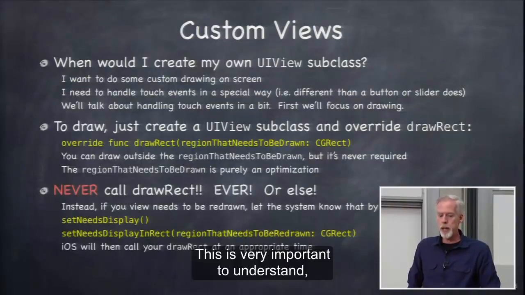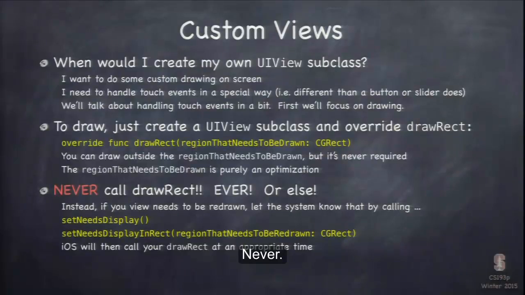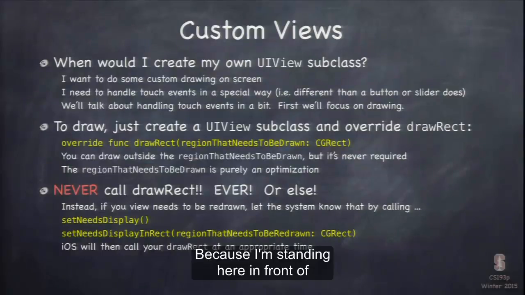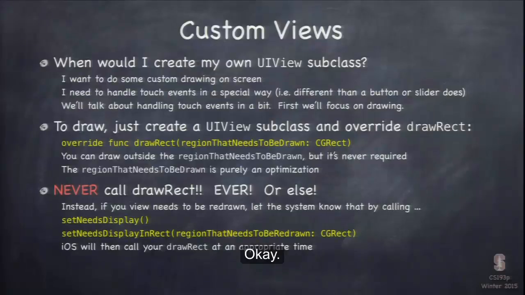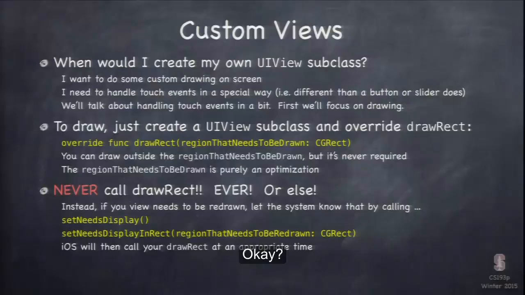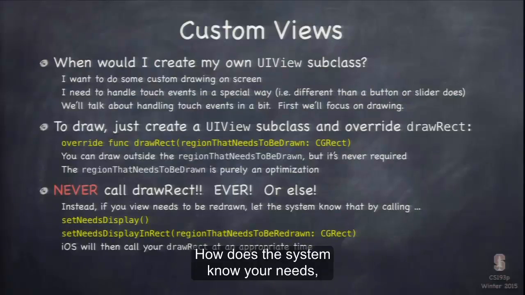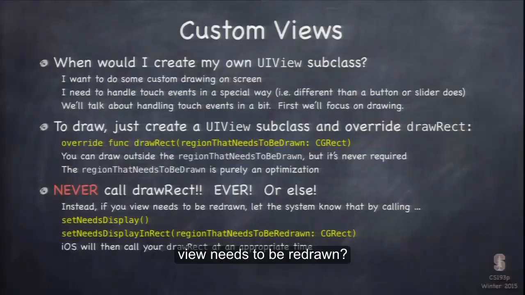This is very important to understand. You never call drawRect. Ever, never, never. If you call drawRect in your homework, you're going to get a major ding. Because I'm standing here in front of you with red text on my slide saying never. Do not call drawRect. drawRect is called by the system. It's called by the system when your view needs to be redrawn. How does the system know your view needs to be redrawn?